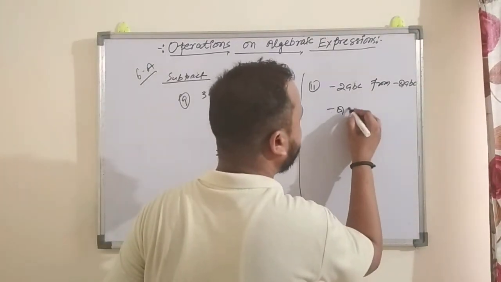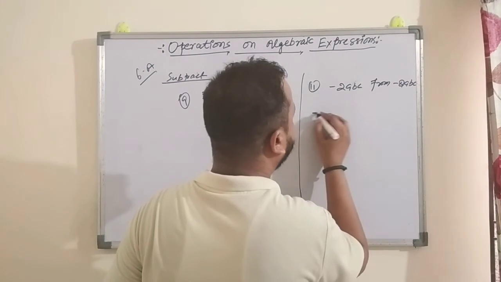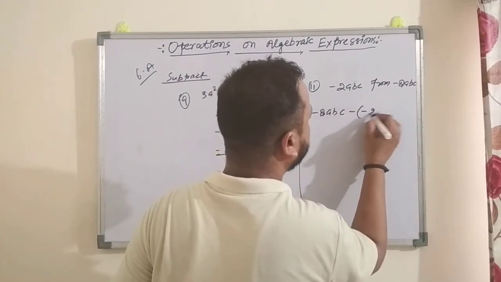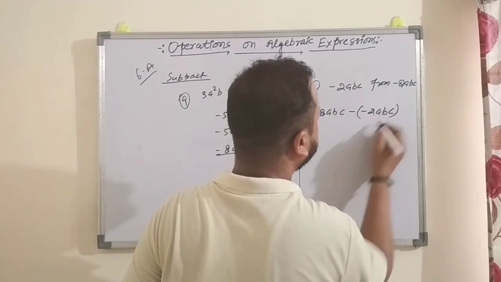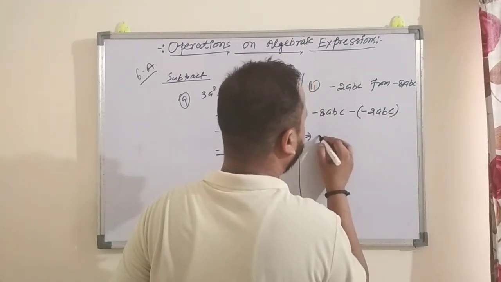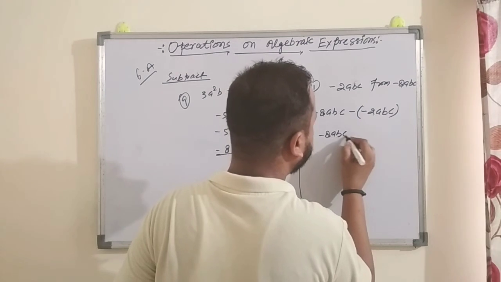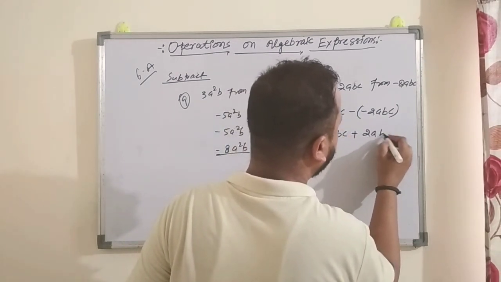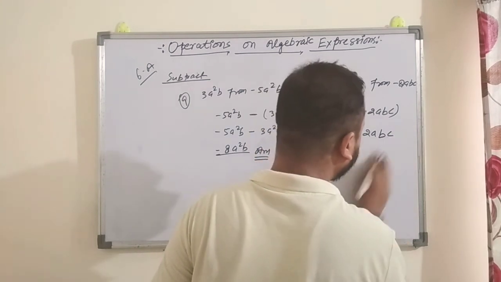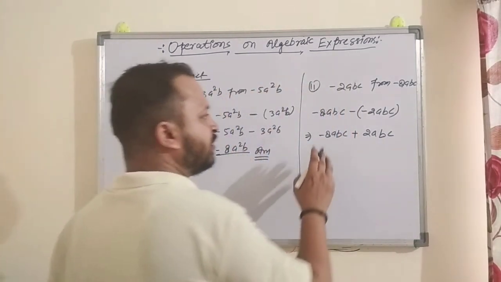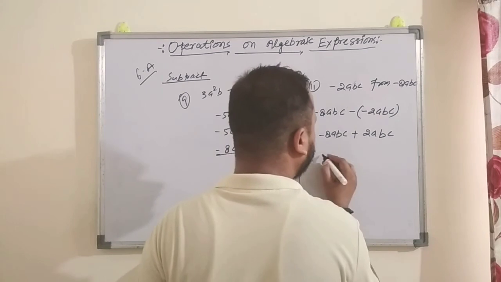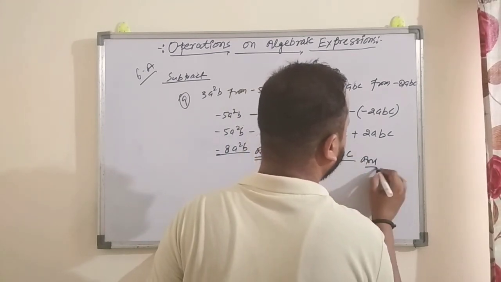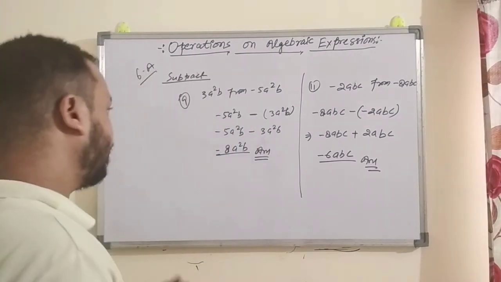So minus 8abc minus of minus 2abc. So minus 8abc plus 2abc, right?